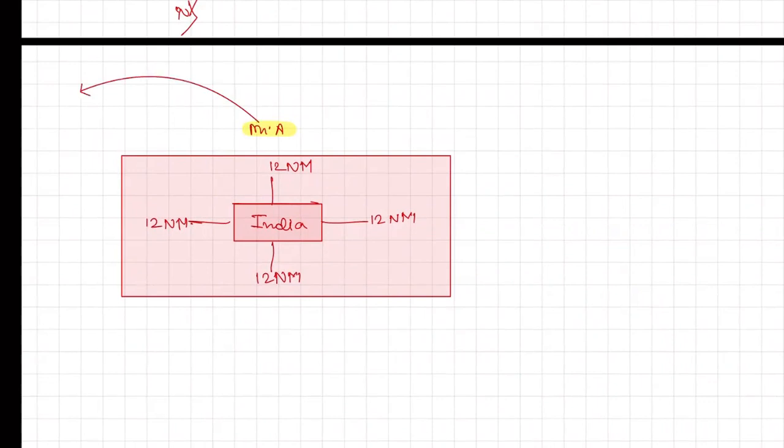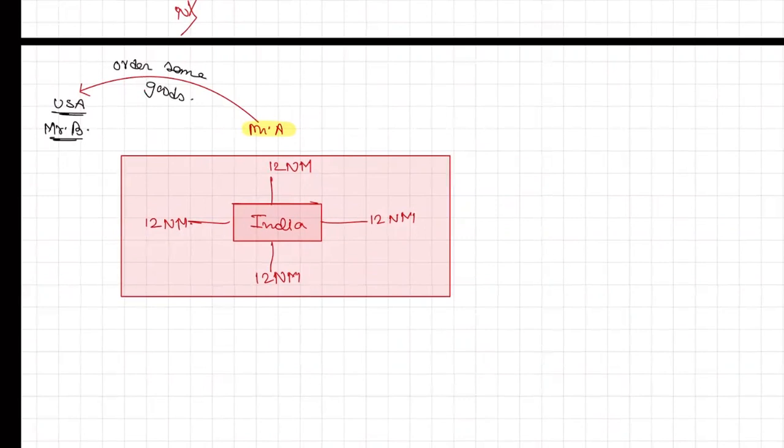Suppose he placed an order in USA to Mr. B. He ordered some goods. Now suppose here is Sri Lanka, but these goods he has ordered will be delivered from USA to Sri Lanka.